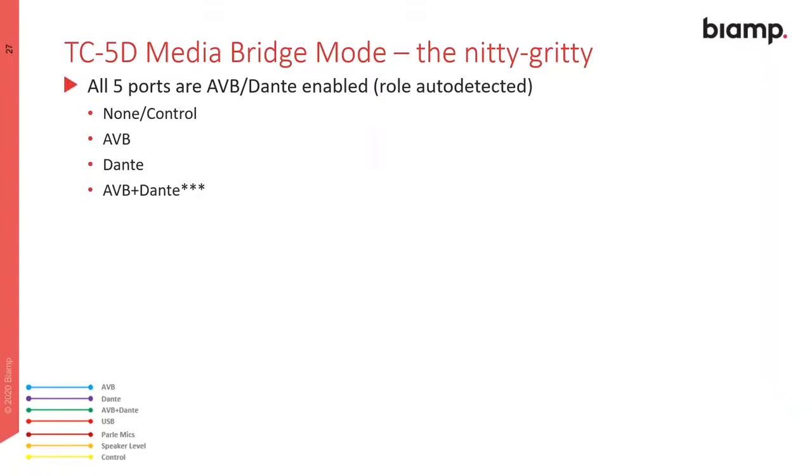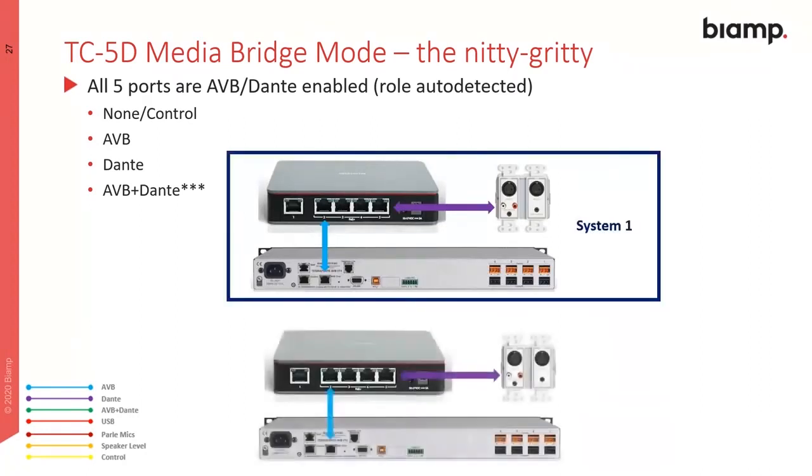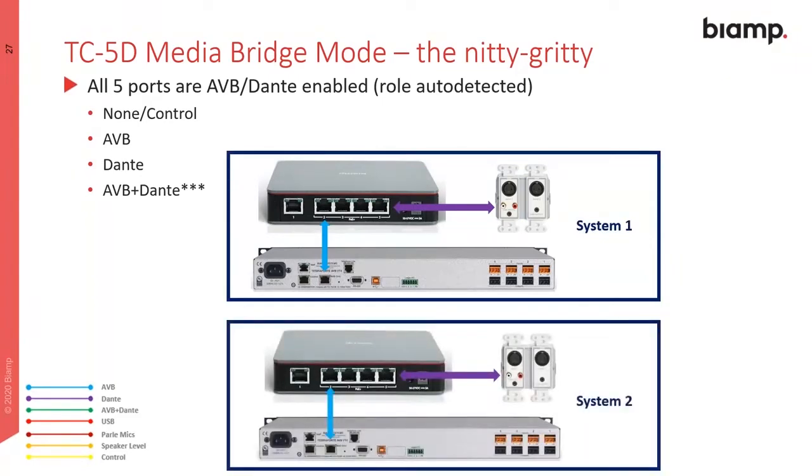So all the ports, as we said, are auto-detectable and can be configured whether it's AVB and Dante, AVB only, or a mix of both traffic. So both systems are valid to do so.